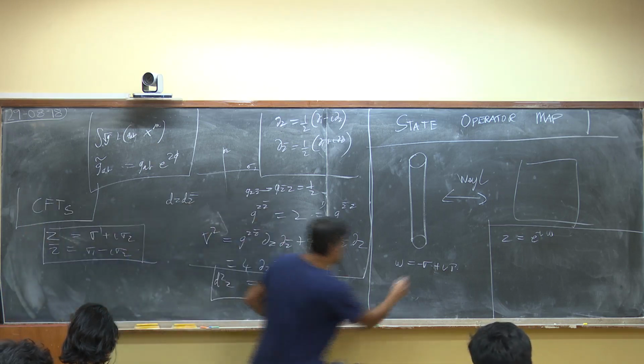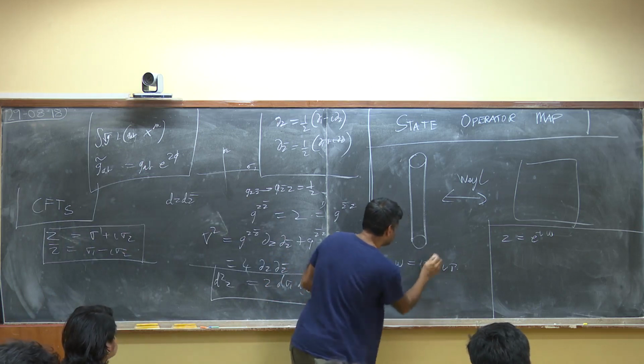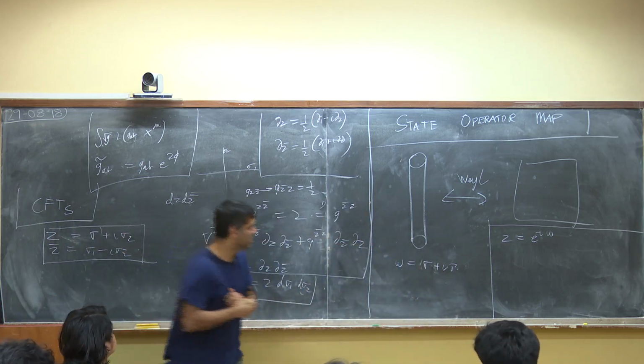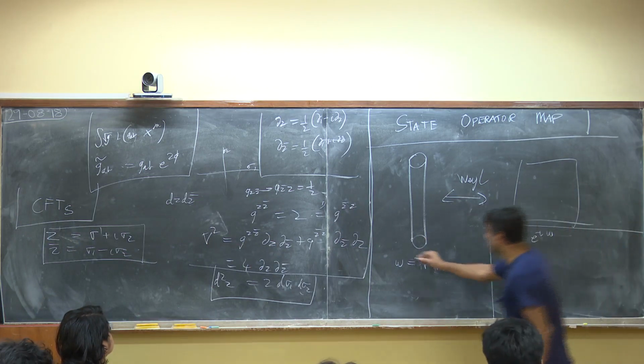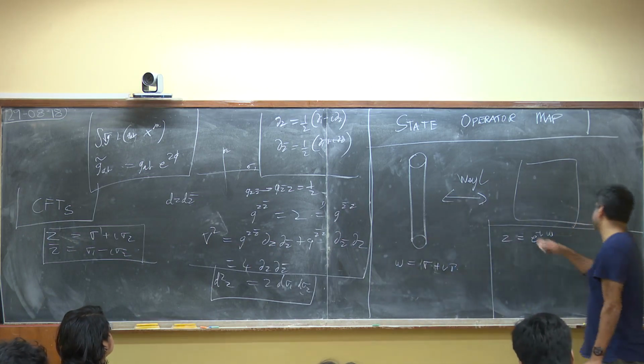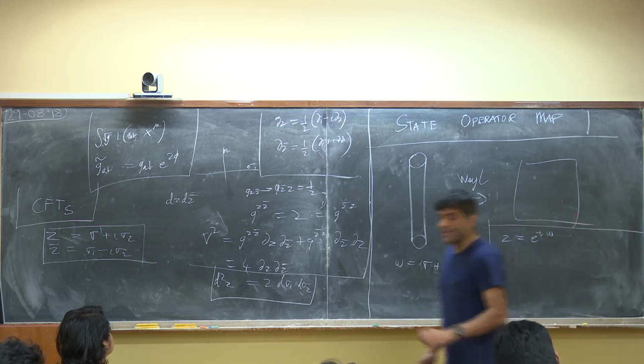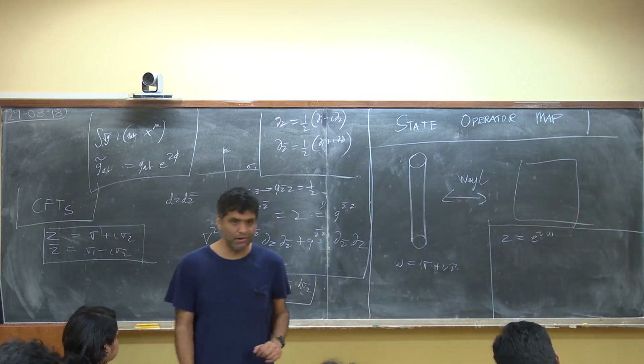So he does it without this. He has sigma going the other way, so I'll just stick to his choice. You say that z goes like e to the power minus i w. Okay. So w is sigma plus i tau, and z is equal to e to the power minus i w.